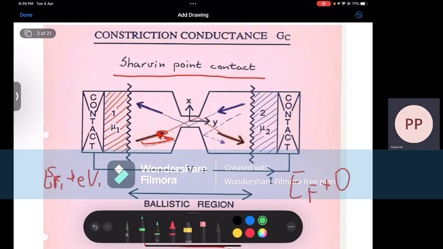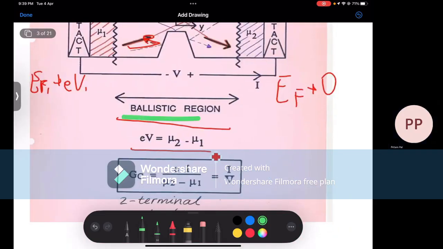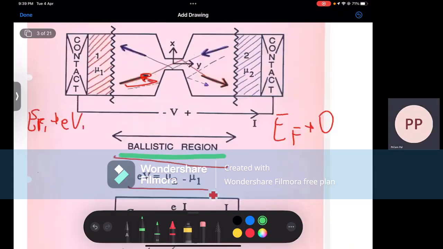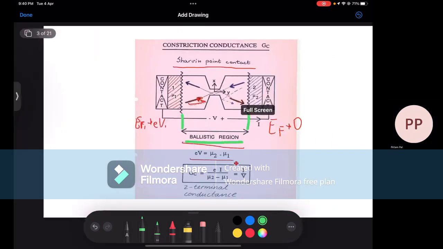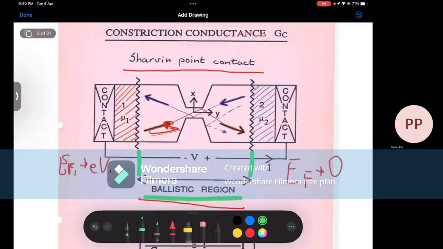The key property of the Sharvin point contact is that it's ballistic, meaning there is a ballistic region where there is very little scattering.